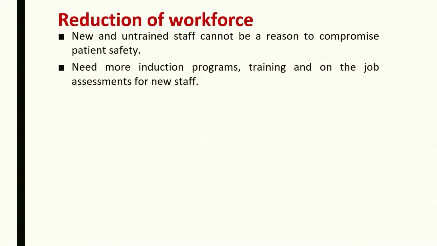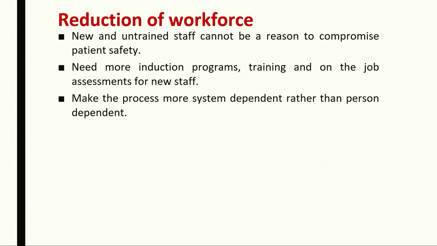So, in other words, what I'm trying to say is make that process more system-dependent than person-dependent. The last thing many of us need to hear is that we cannot do it because that person is on maternity leave. Or we cannot do that, but the person left suddenly yesterday. Or worst case scenario, an accident happened the day before yesterday, over the weekend, so first thing Monday, we cannot do it.